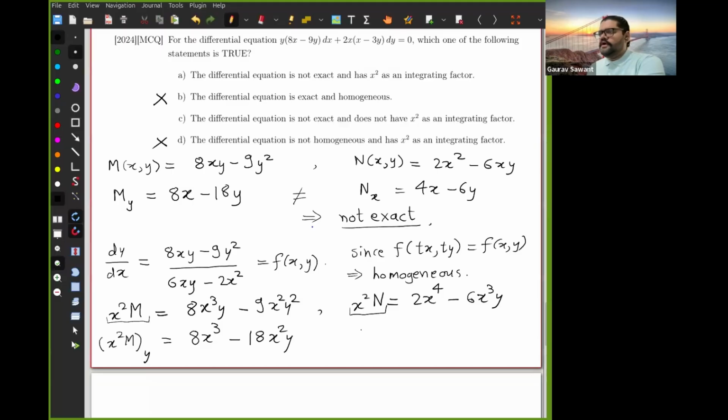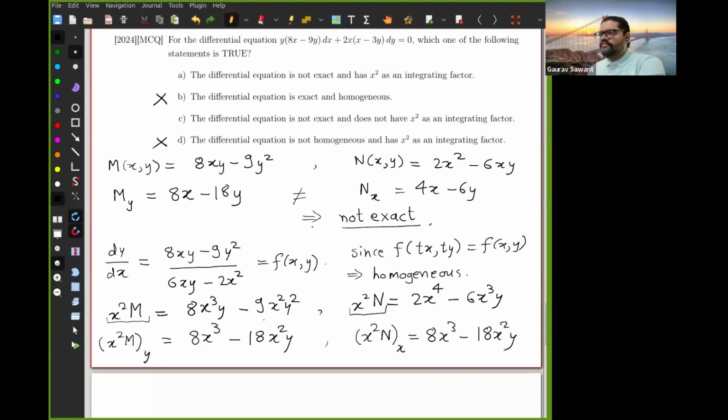On the other hand, x square N with respect to x is 8x cube minus 18x square y.